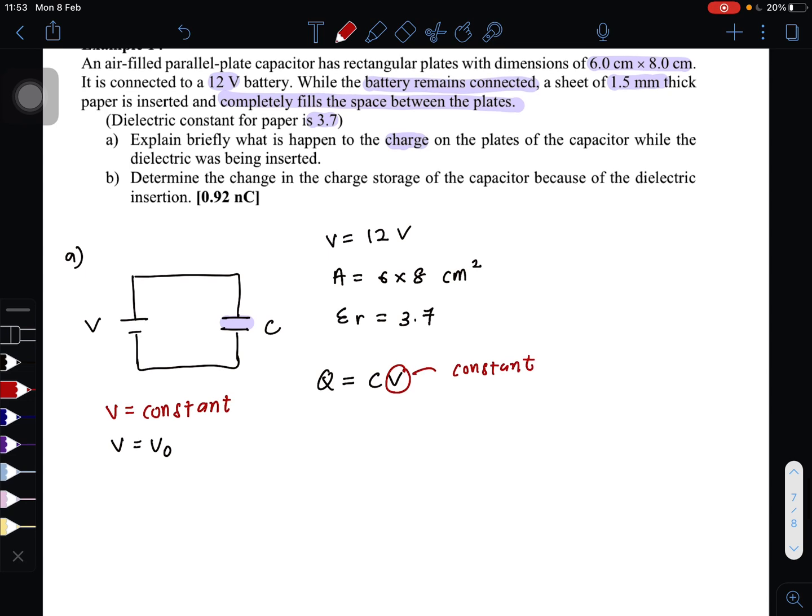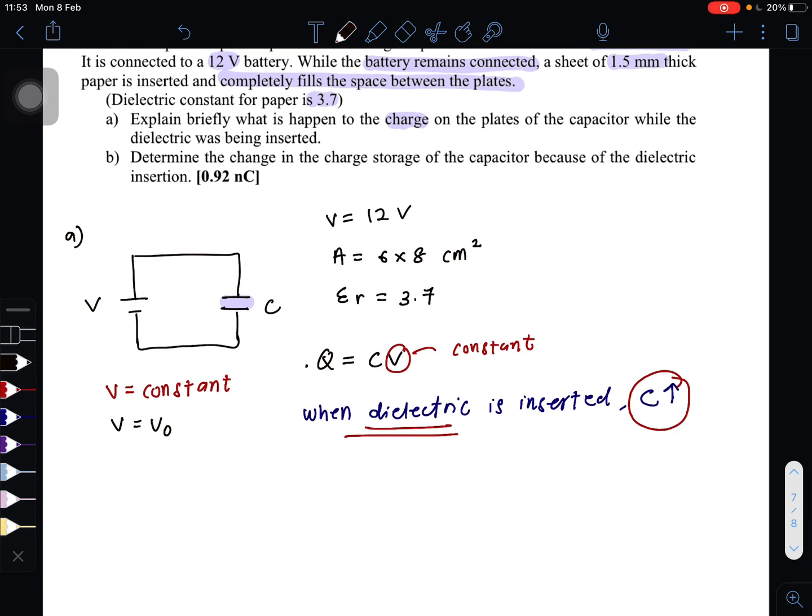We know that when a dielectric is inserted, capacitance will increase. This is for both cases. When we put in the dielectric, the capacitance will increase.